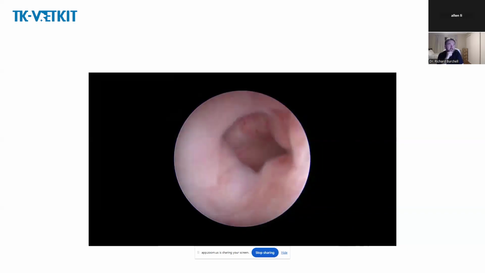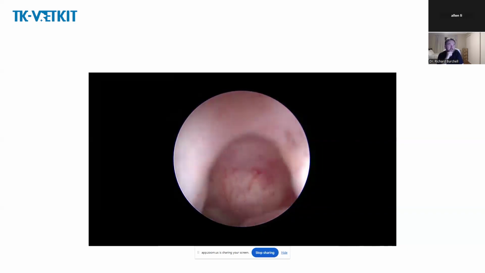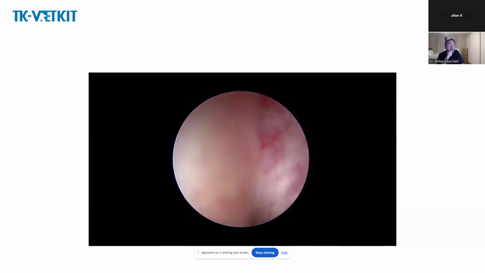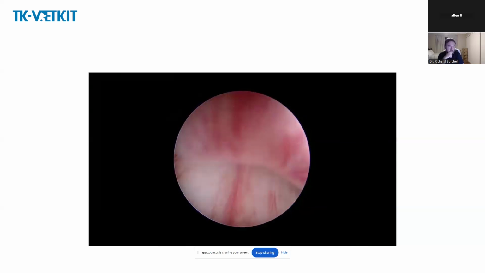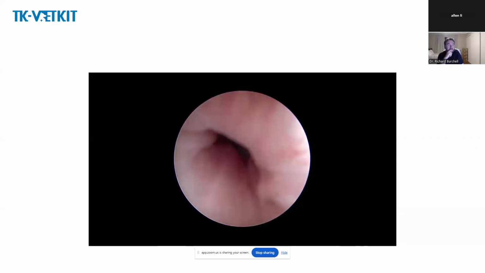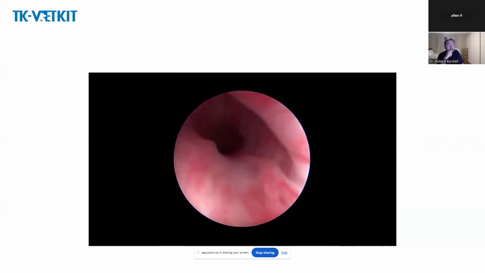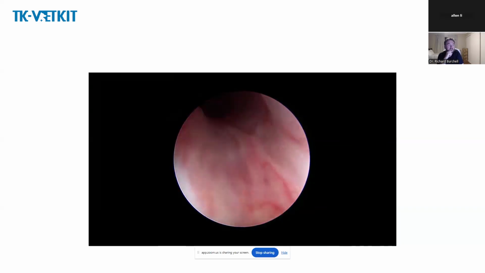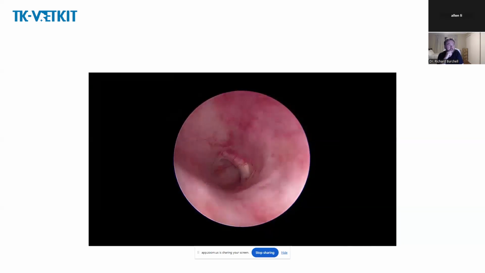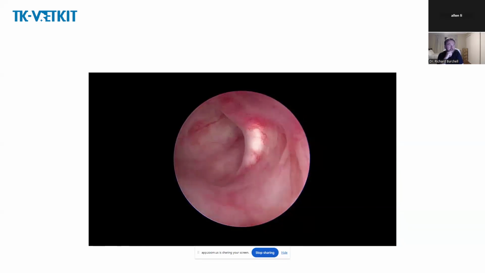So the opening to the urethra is, I beg your pardon, the dog is on its back. So the opening to the urethra is dorsal. We're feeding into the urethra, inflating with saline, feeding into the urethra.